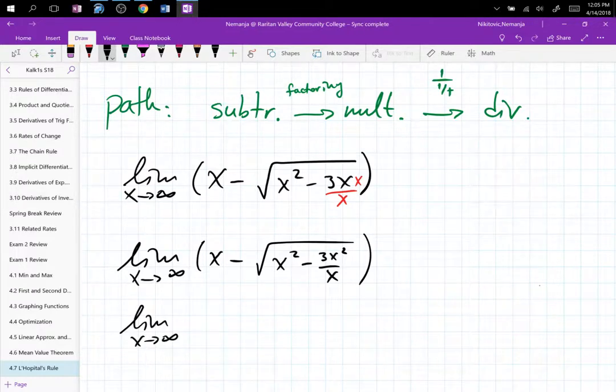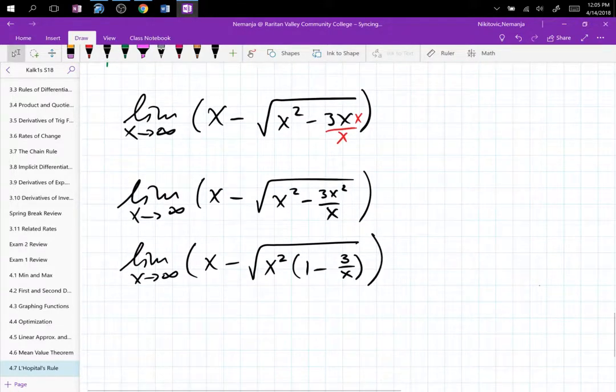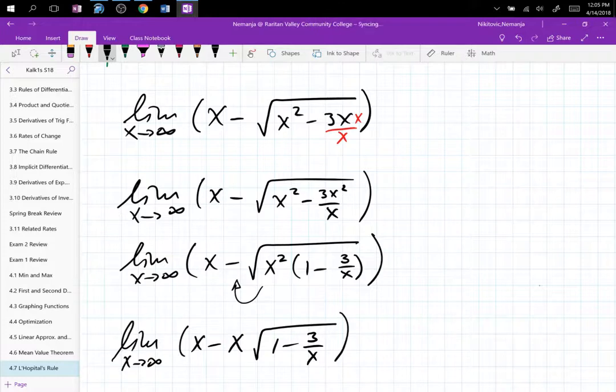Limit as x goes to infinity of x minus the square root of x squared times (1 minus 3 over x), when I take x squared as a common factor. Now this x squared is going to jump out, and we are going to have x minus x times the square root of 1 minus 3 over x.